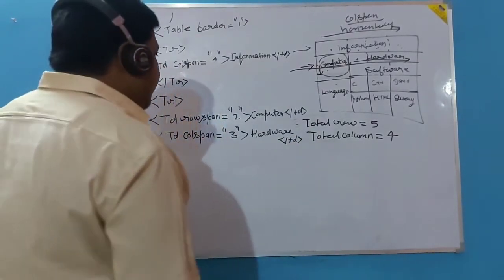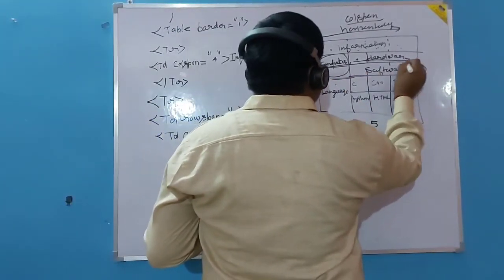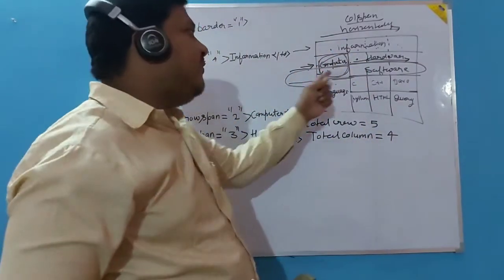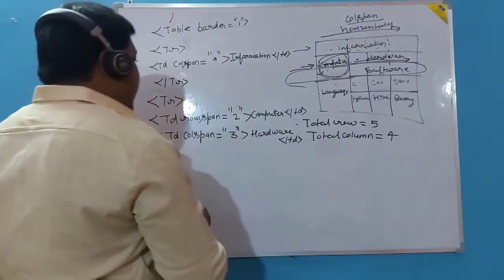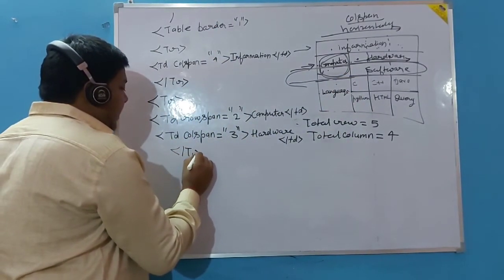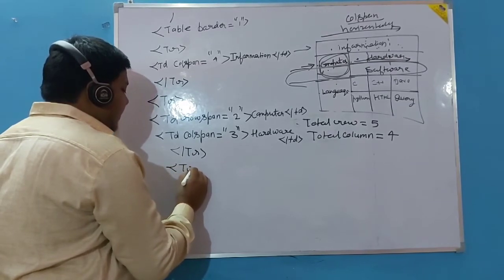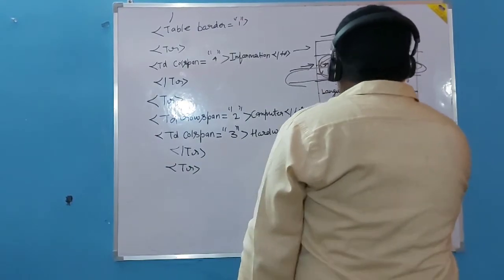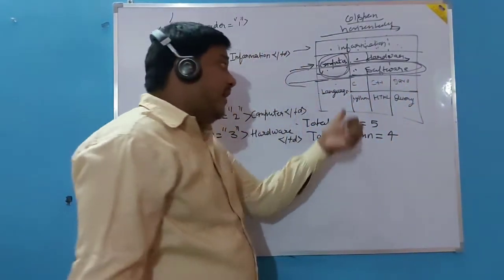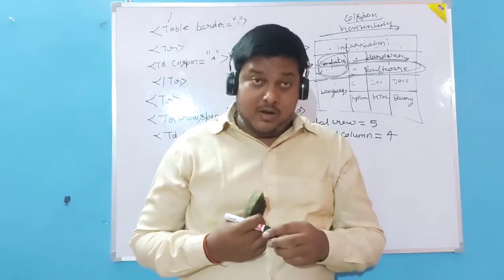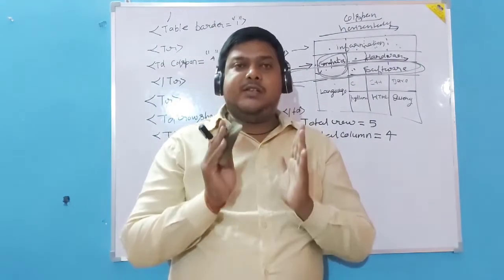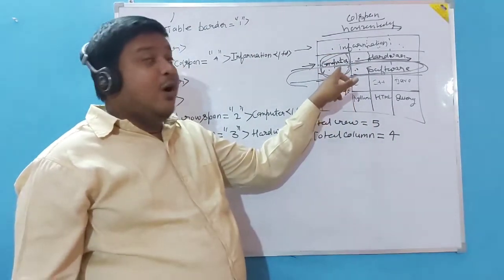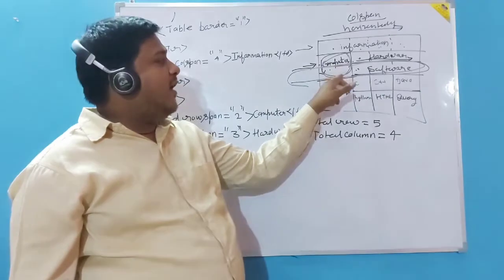Now we will come to this row. In this row this work is already done, so we do not need to do any work. We will write only for this one. So I will close the TR, and I will open TR again for the next row, and in this next row we have only this cell left. So my dear student, whenever you are merging, be careful, and you have to keep in mind in which direction you are merging. If you have merged vertically, no need to worry about these cells because they are already merged.